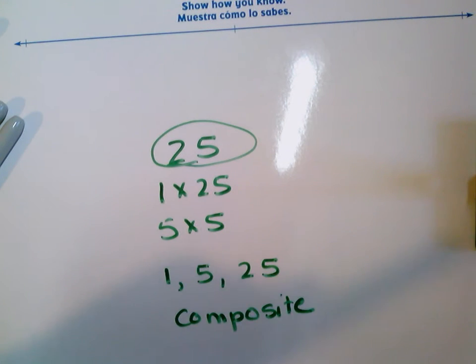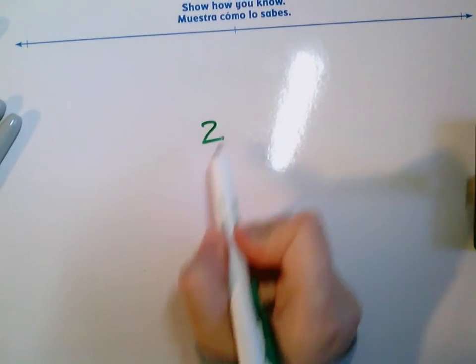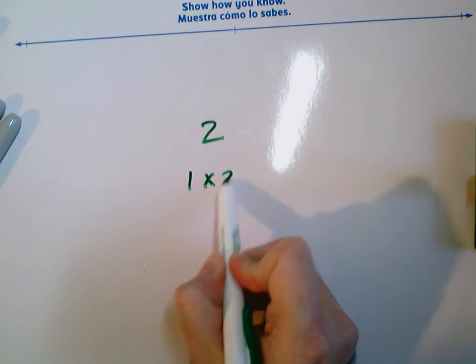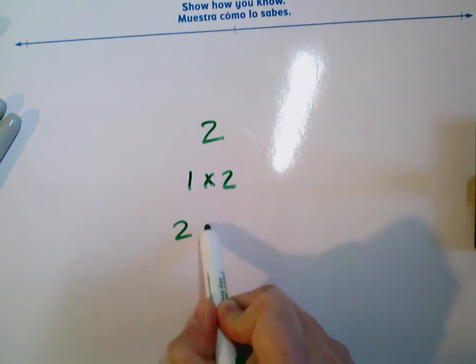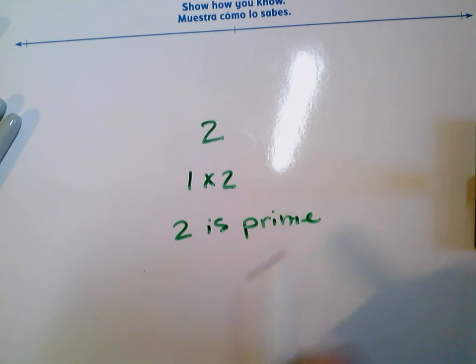However, most prime numbers are odd. However, there is one even prime number, and that is 2. 2 is only 1 times 2, and that is all the factors. So 2 is prime.